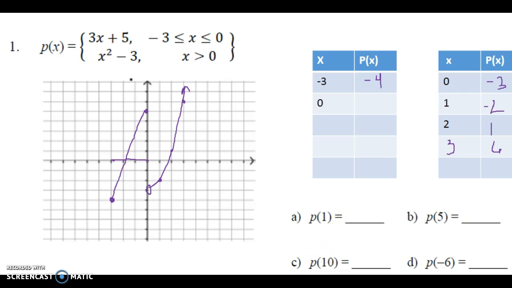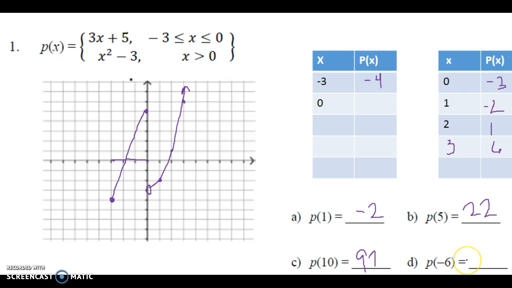Now, the other part of it is to find the values. Well, at 1, we are going to use the second equation, and we will get -2. For 10, again, we'll use the second equation. So that'll be 100 minus 3, or 97. For 5, again, we're going to use that second equation. It's going to be 25 minus 3, or 22.